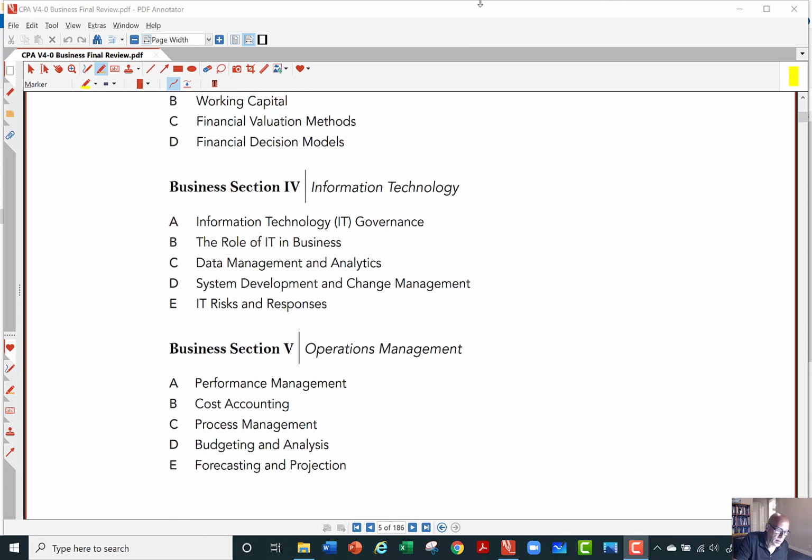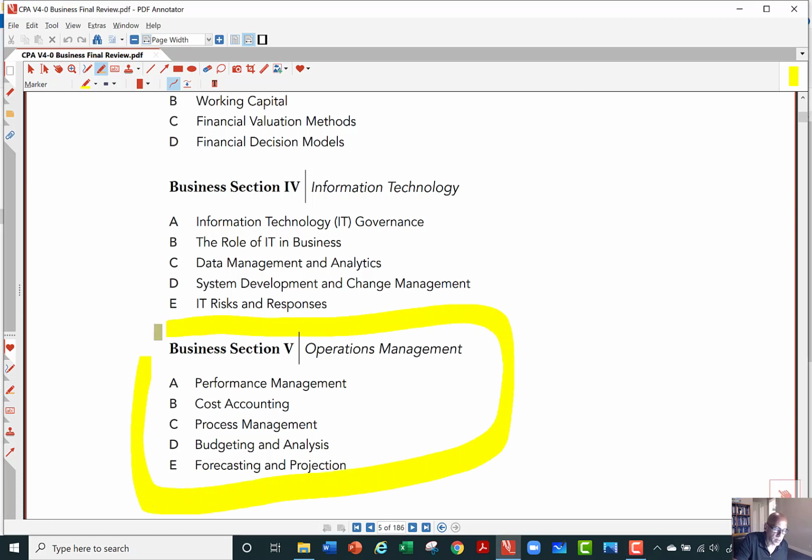Even though it's titled Operations Management, there are some key parts that have long been part of the CPA exam: cost accounting, budgeting and analysis, forecast and projection, with the big area there being variance analysis. So I'm going to focus down here in section 5.